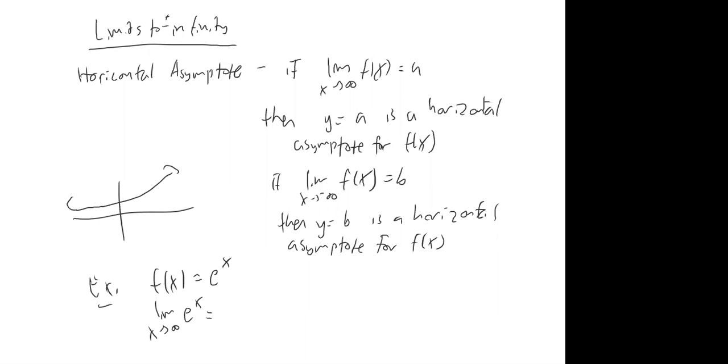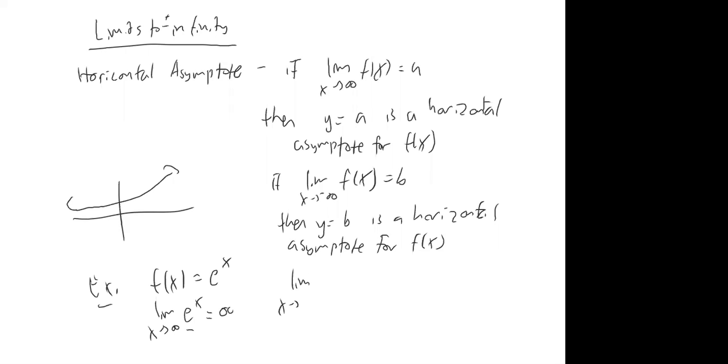This is the graph, but if you don't like the graph, e is just like 2.7, a number bigger than 1. If you keep raising 2.7 to higher and higher powers, squared, cubed, fourth power, fifth power, it gets bigger and bigger. So this should be infinity, and in this case we don't get anything.